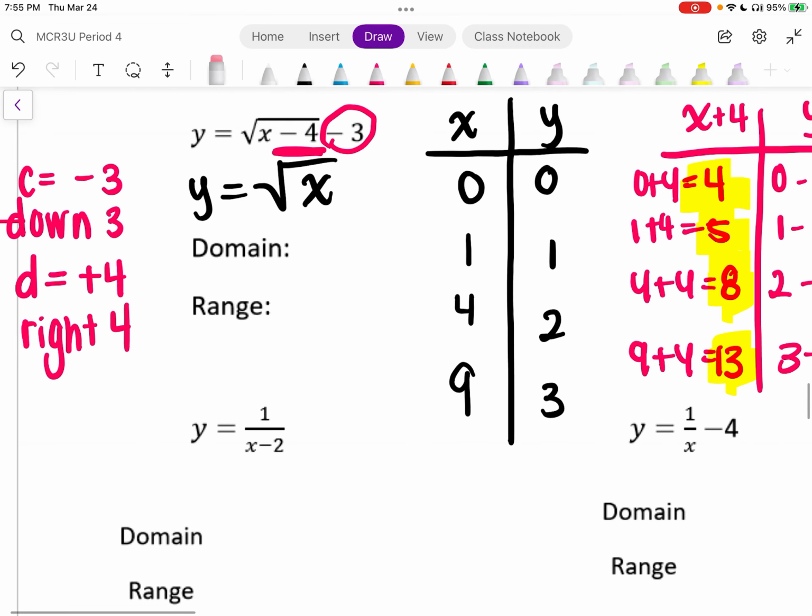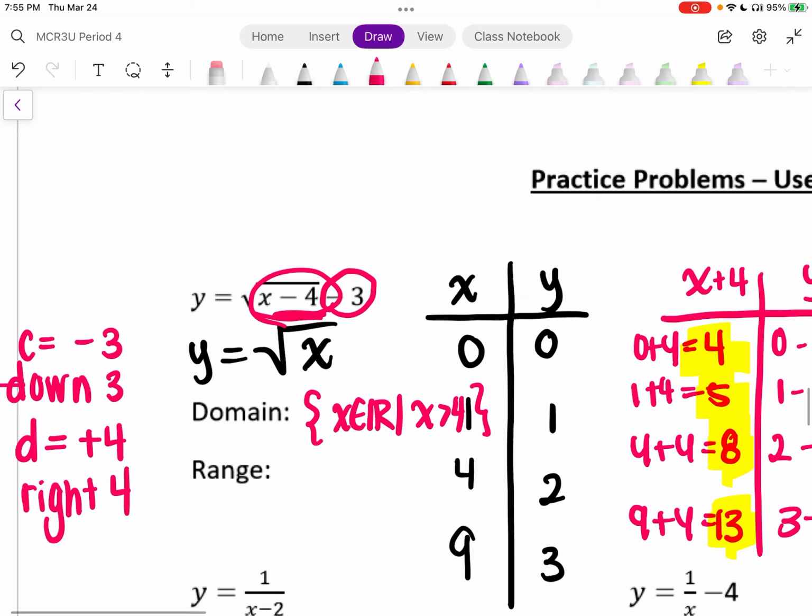Oh, we didn't do the domain and range for this. So the domain for this one is going to be x is an element of all real numbers such that x is greater than or equal to 4, right? And the reason being, this entire thing under the root can't be less than 0. It has to be greater than or equal to 0. So for this to be 0, you have to have positive 4.